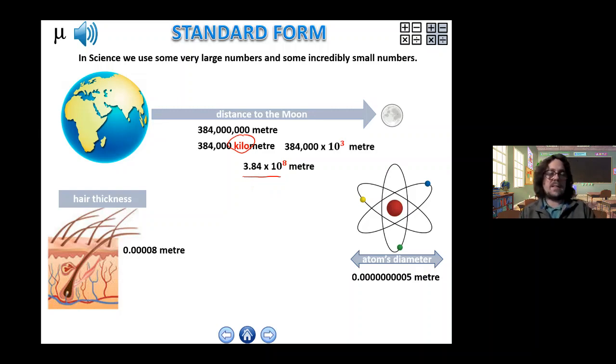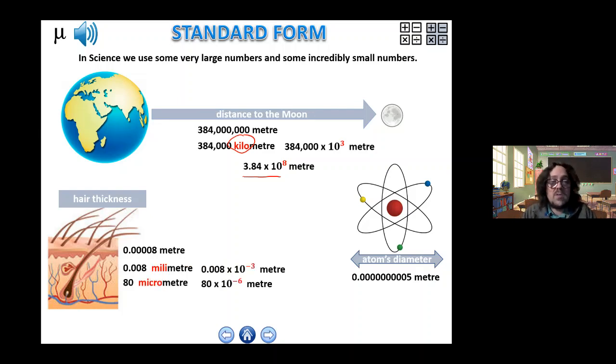Here we've got an example from biology: the thickness of a human hair, which is 0.00008 meters. Again, not a fun number to write down. So we tend to use standard form, and we might express that as 80 times 10 to the minus 6 meters.